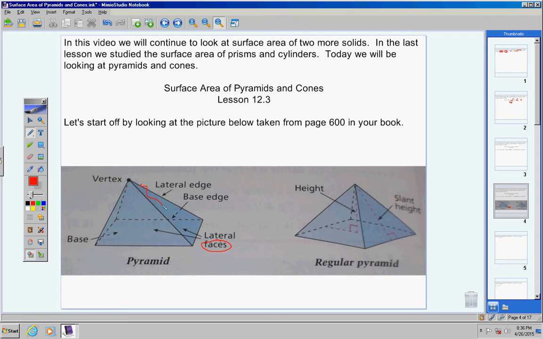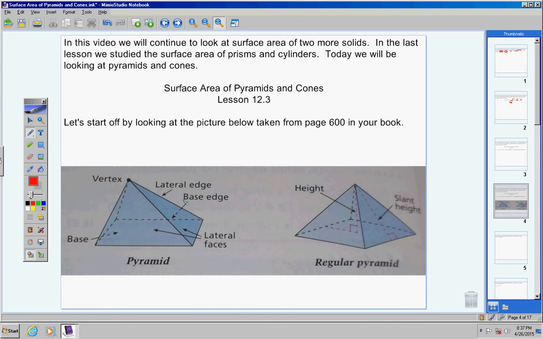So the lateral faces would be this side here, this front side, this left side, this back triangle over here, but it would not be this bottom base here. That is not a lateral face. Same thing over here. A lateral face would be any of these sides, this triangle, the left side, the back side, etc.